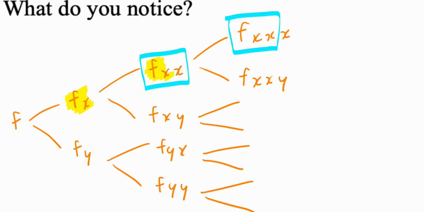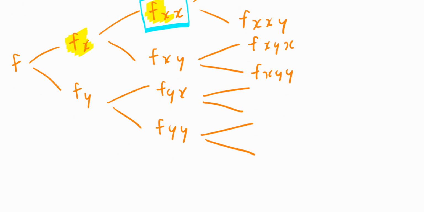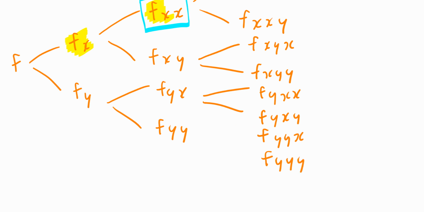Now, the next branch, fxyx, fxyy, and of course, fyxx, fyxy, fyyx, and fyyy. Let's just draw this a little bit better for you to make sure you can see this.